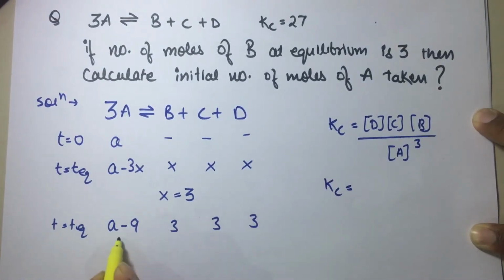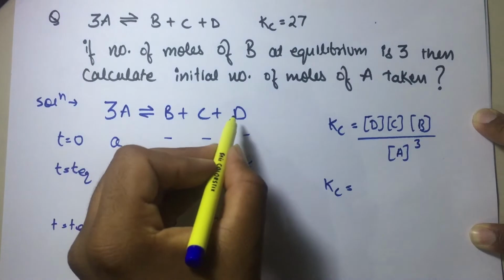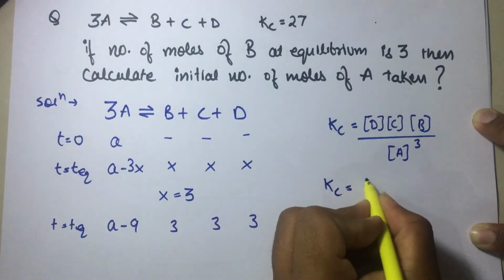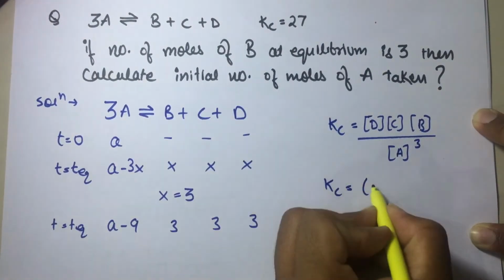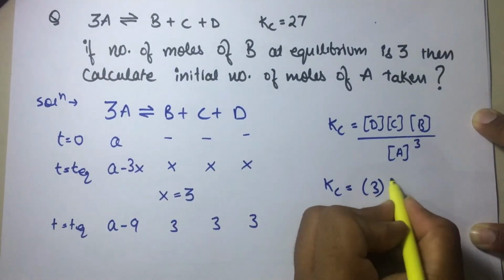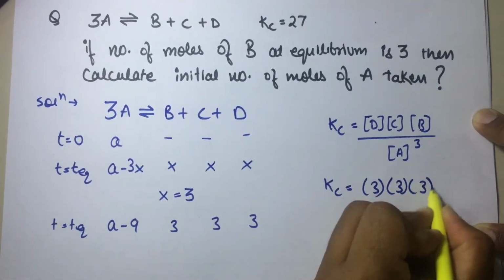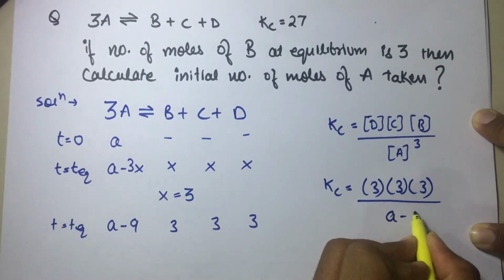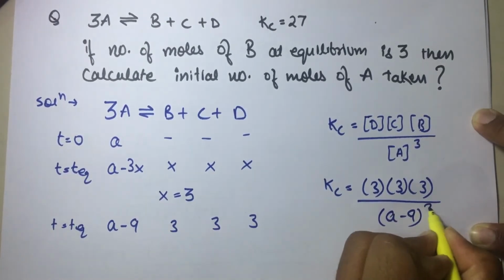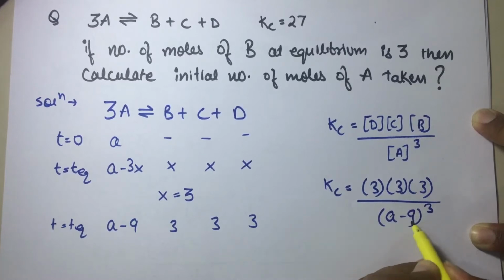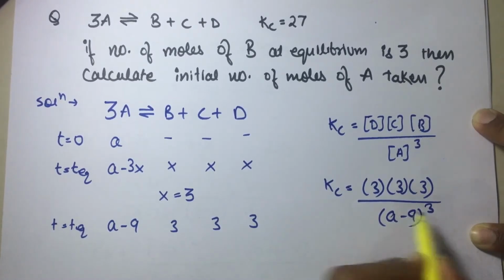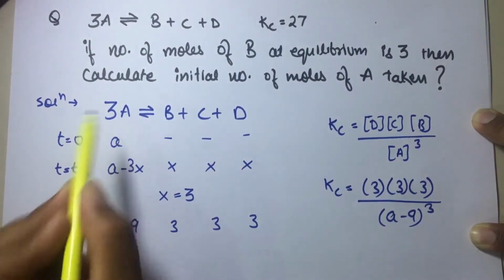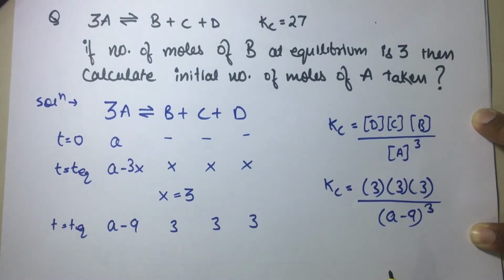We write the number of moles of these reactants and products. So here we have 3, here we have 3, again we have 3. In the denominator we have A minus 9 to the power 3. Why have we given the power 3? Because 3 is the stoichiometric coefficient of A. Okay, is it clear to you?